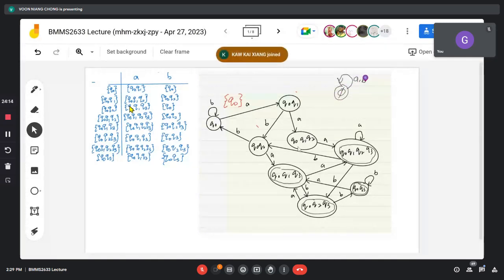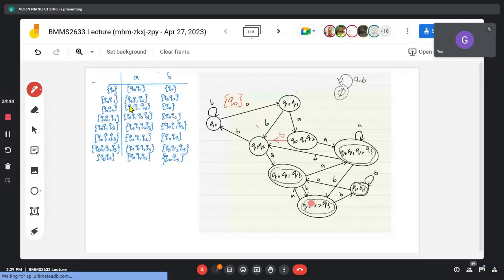0, 2. Where is the B for 0, 1, 2? Q0, 2. One more here, right? 0, 1, 3, we have 0, 2, 3. 0, 2, 3, we have 0, 1, 3, and 0, 3.